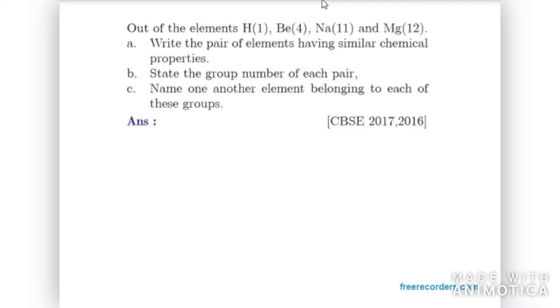Now moving on to the next question, it says we have 4 different elements: hydrogen, beryllium, sodium, and magnesium. Write the pair of elements having similar chemical properties. Here, as you can see, the valency for H is 1 valence electron, and the valency for sodium is 1 as well.